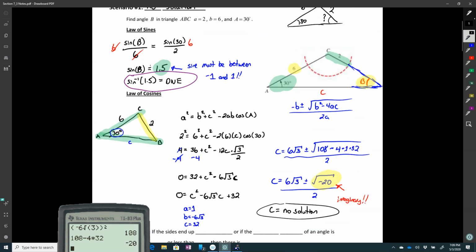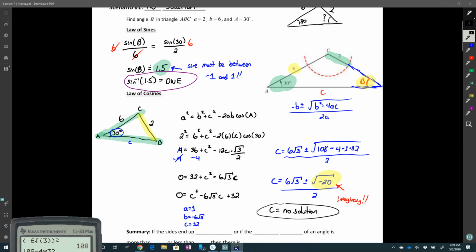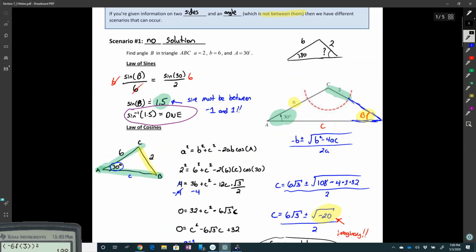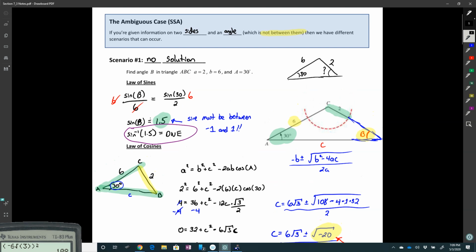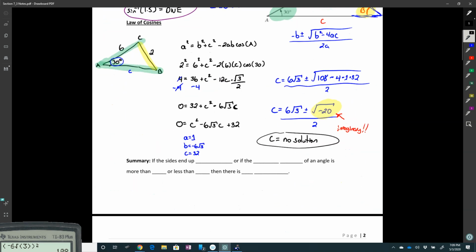Okay. Now, yes, the law of cosines is a little more complicated than the law of sines, but in this section, we're just going over both methods, so you can be familiar with both. Yay! So that's scenario 1.